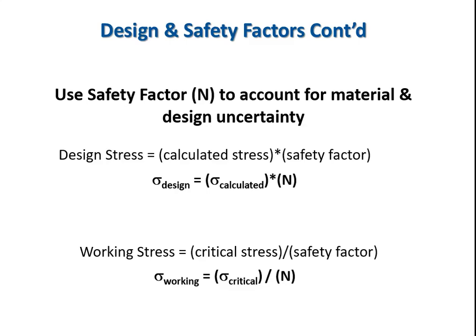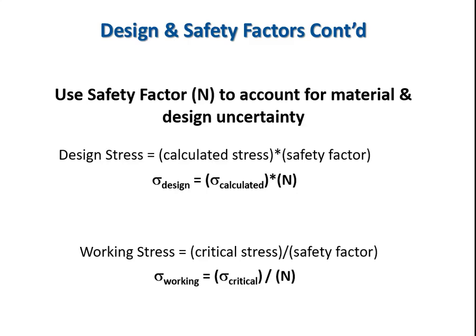So if you calculate that you need 100 psi for a given material and you want to assign a safety factor of 2, you would not allow a design stress more than 200 psi. So it's what you calculated that you needed and then what you allow. So in that case, you would not select a material that gave you less than 200 psi for whatever stress that was, which in this case would probably be yield.